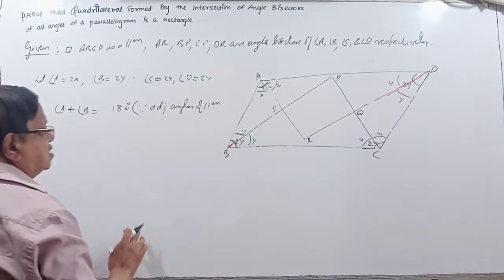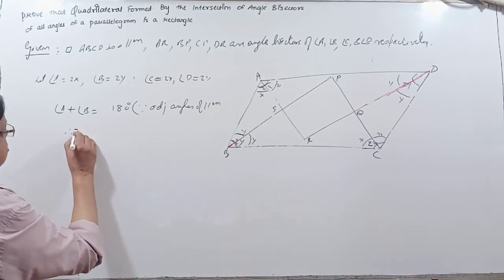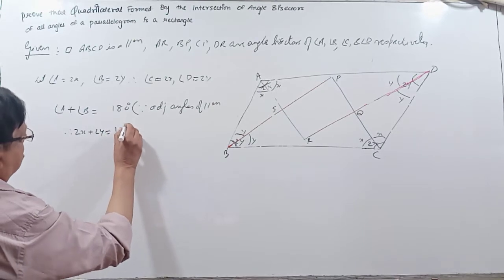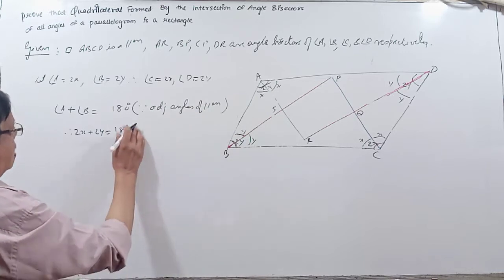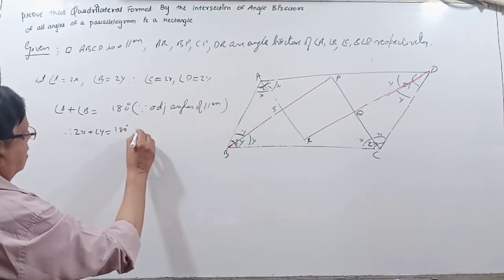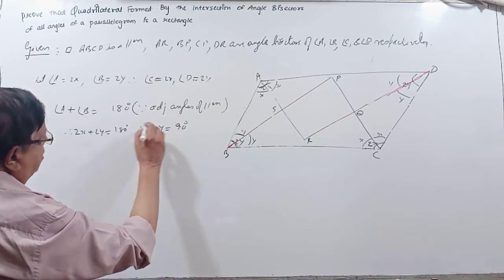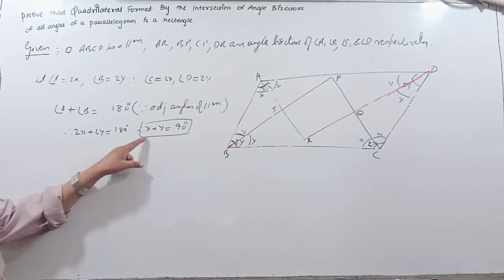Therefore, their sum is equal to 180. And therefore, 2x plus 2y equals 180. Therefore, x plus y equals 90 degrees. Very important: x plus y equals 90 degrees. This we will use.